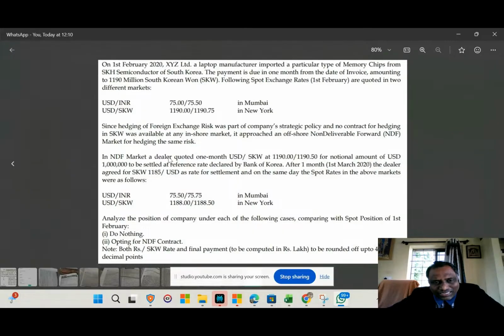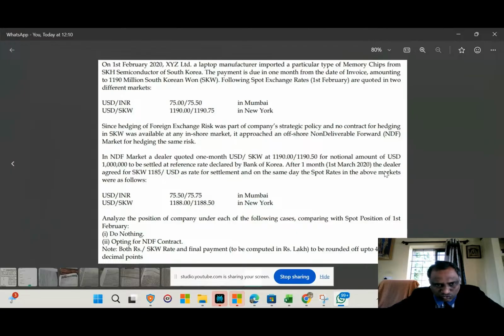In the NDF market, the dealer quoted 1 month USD SKW at 1,190 and 1,190.5 for a notional amount of USD 10 lakh, to be settled at the reference rate declared by the Bank of Korea after 1 month.